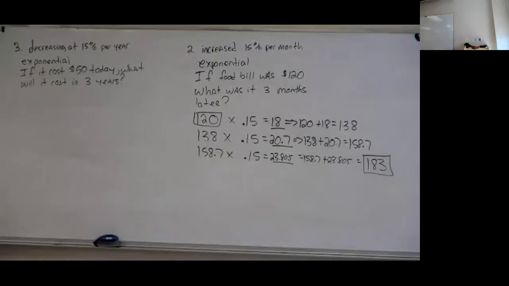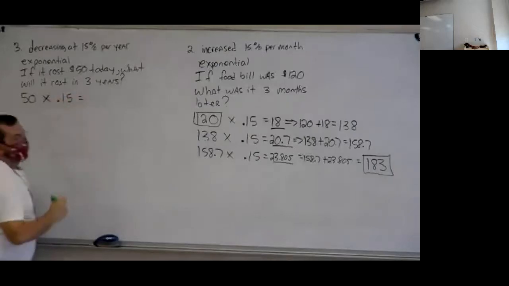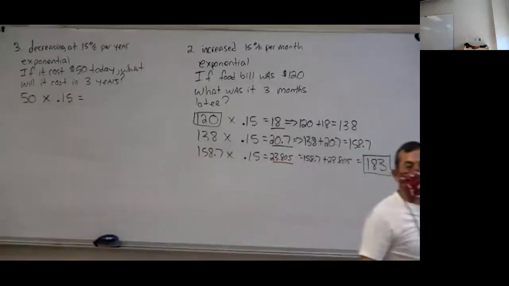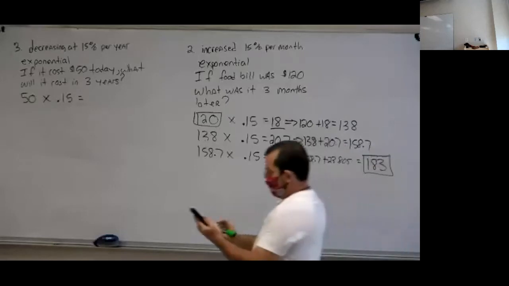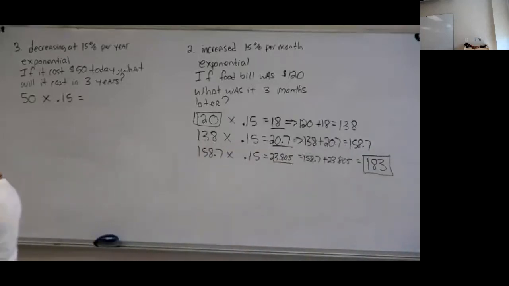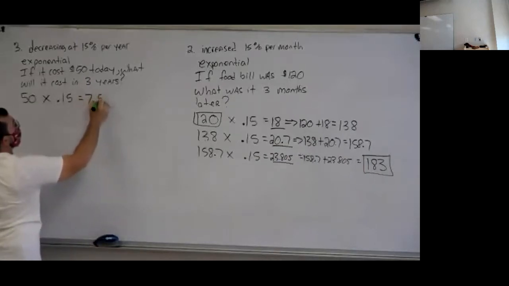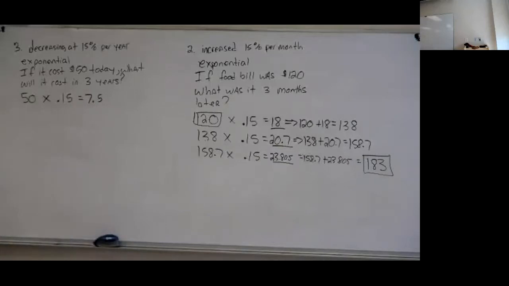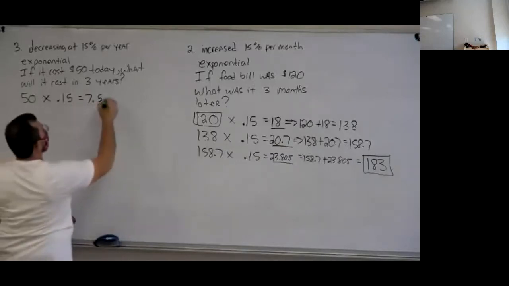Now, let me show you what I'm going to do. I'm going to start with $50 and multiply that by 15%. That's going to give me the amount of the decrease. So let's see. 50 times 0.15 gives me 7.5. But y'all remember, we're not going to add this time.